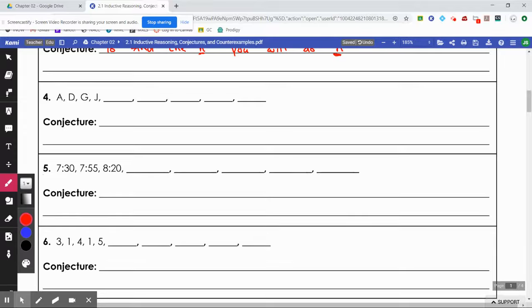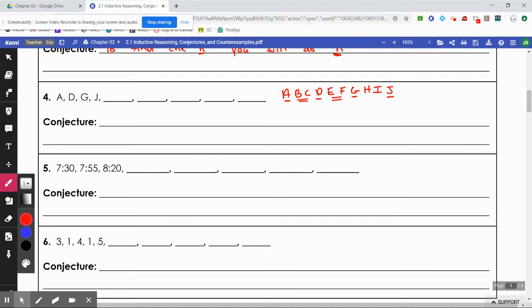A, D, G, J. Let's think about that for a second. If we look at the alphabet, we have A, B, C, D, E, F, G, H, I, J. And we have A, D, G, J. Notice what we're doing.